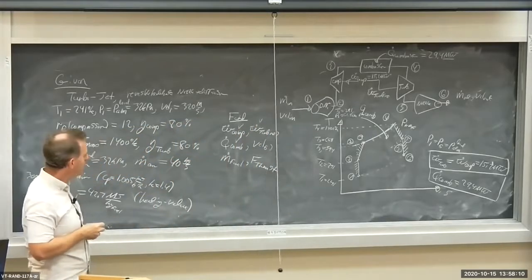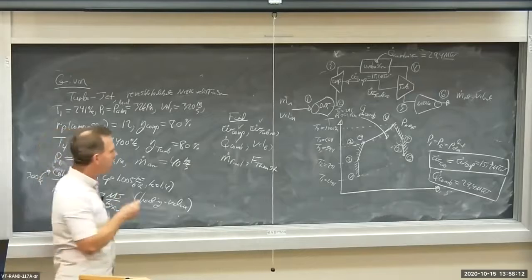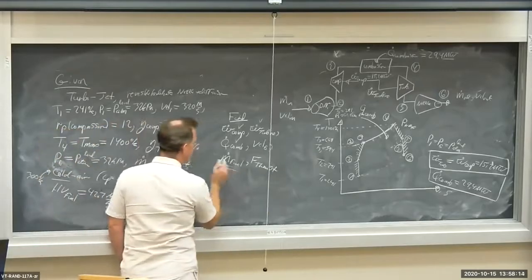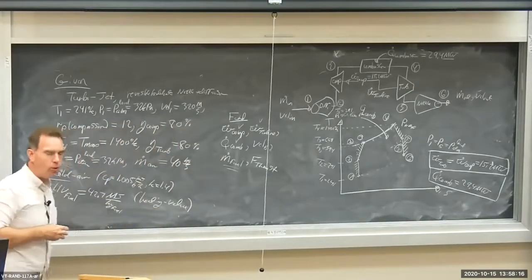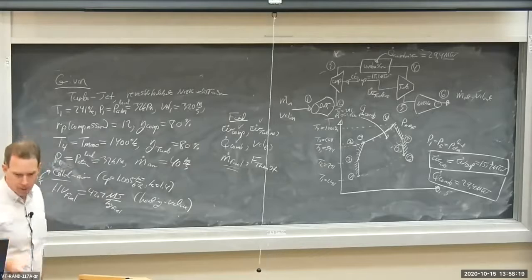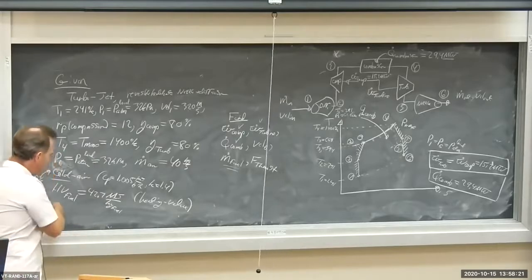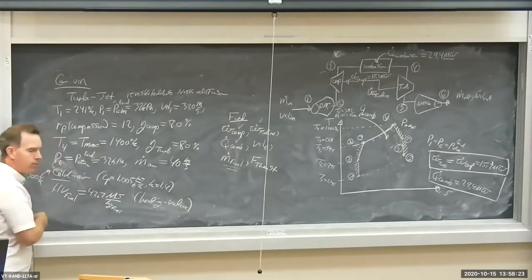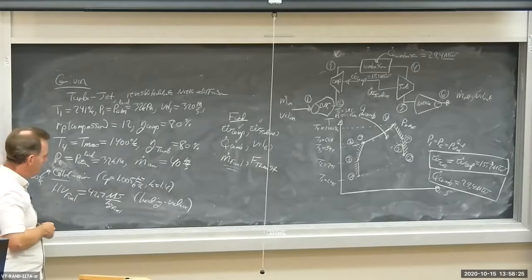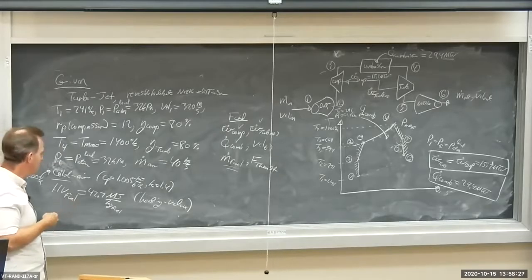Let's find the outlet velocity. Let's find the fuel flow rate. Let's figure out how much fuel is burned in the combustor. Now remember, we have the heating value for the fuel. It's probably kerosene, basically a lighter diesel.